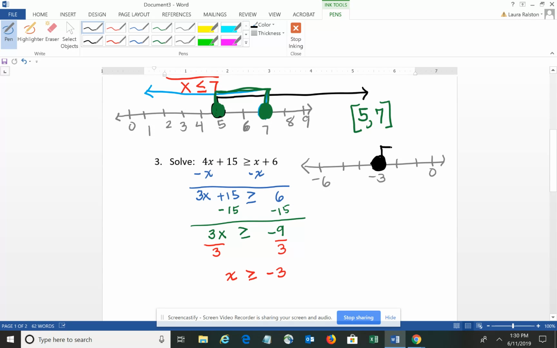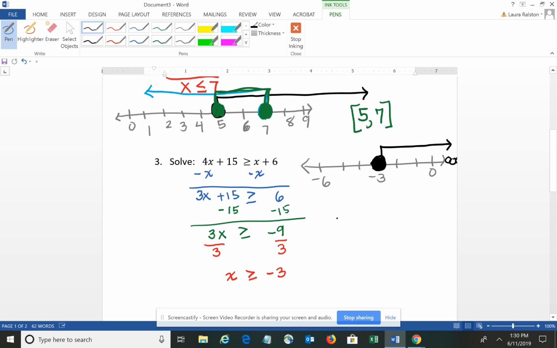Notice how it points to the right, and it's actually going to keep going forever and ever in that direction. So you're basically going to keep going out to infinity.